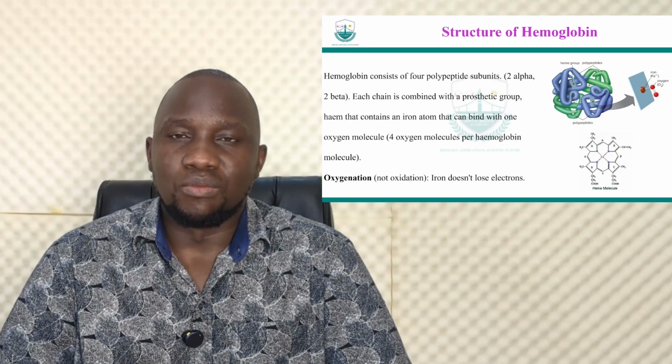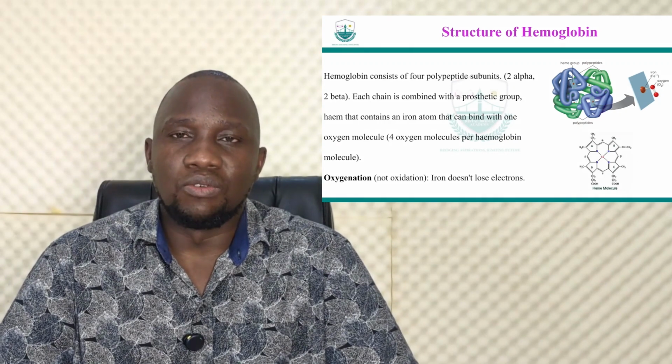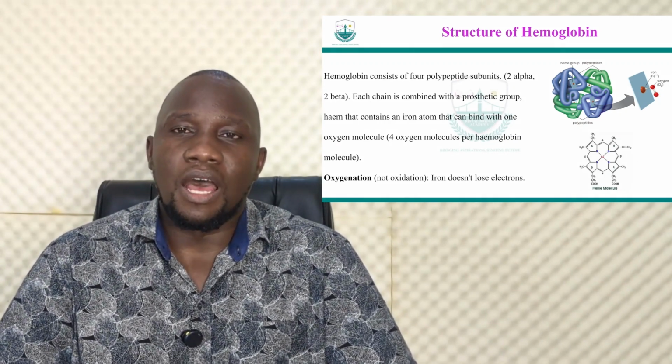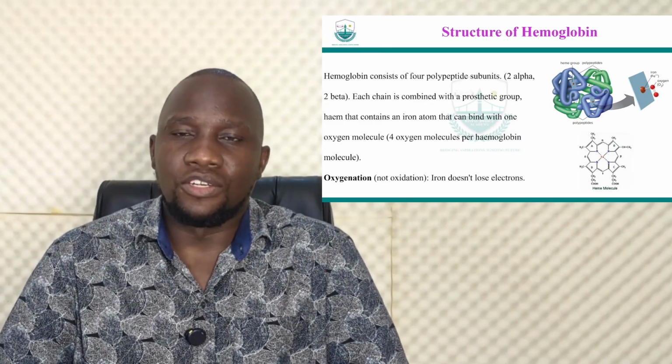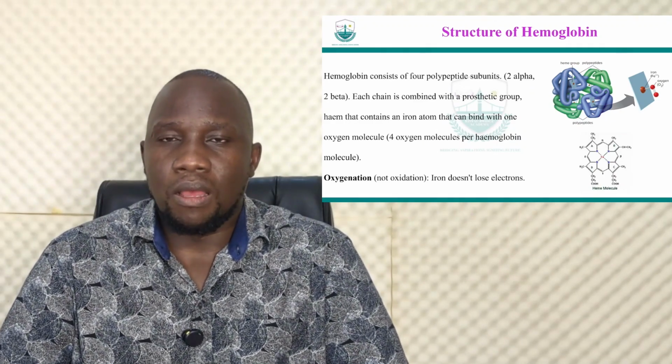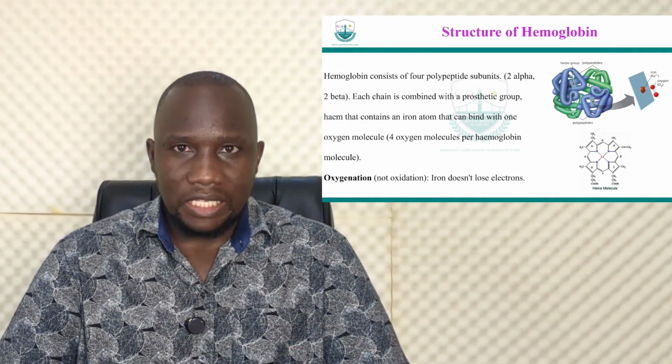So that is a prosthetic group. So we are saying that hemoglobin has a prosthetic group, and that prosthetic group is the 4 iron atoms, where each iron atom is attaching to one of the 4 polypeptide chains.